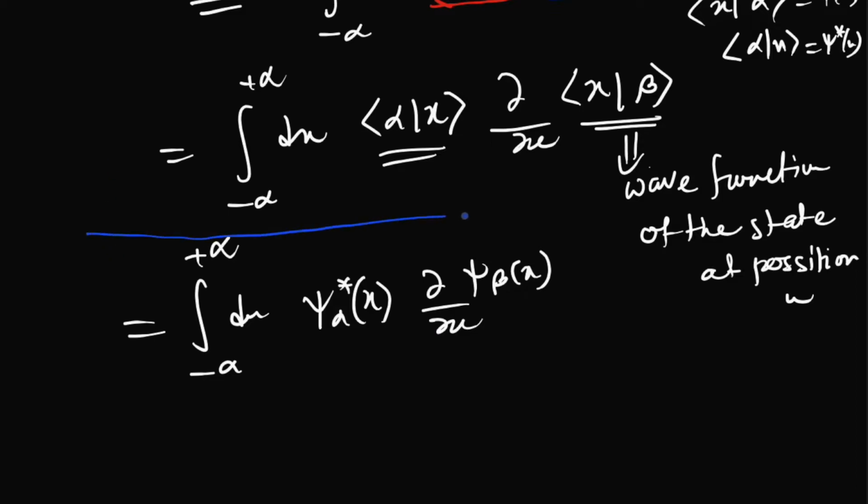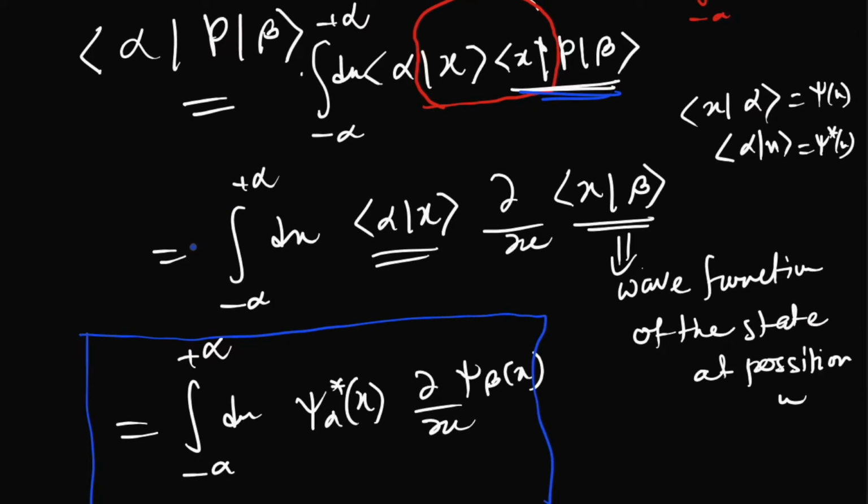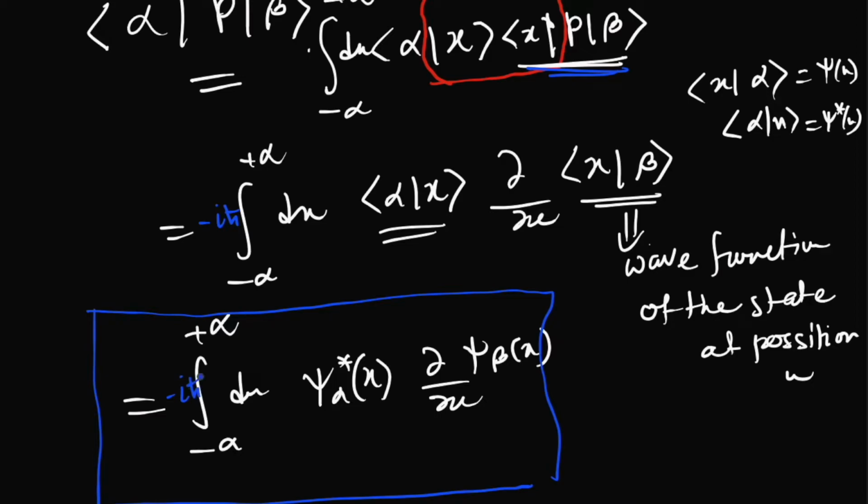That is one important thing when we want to calculate the expectation value of the momentum operator in some state. Here I missed a factor, minus i ħ, which is minus i by ħ.